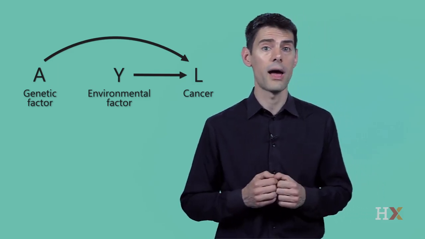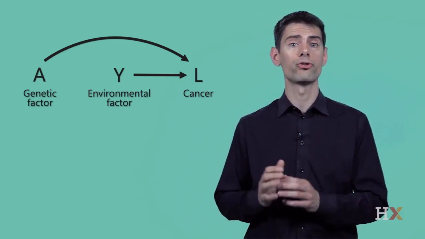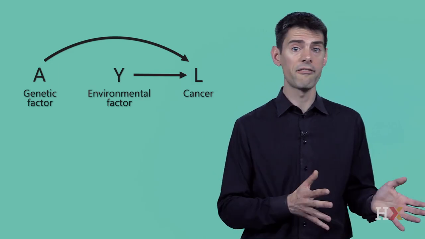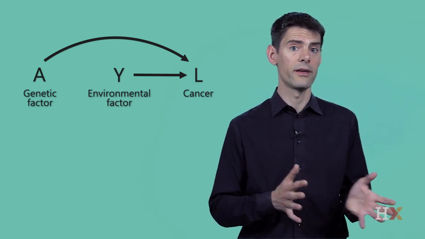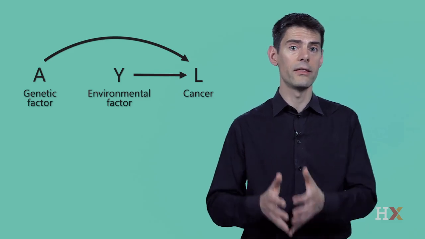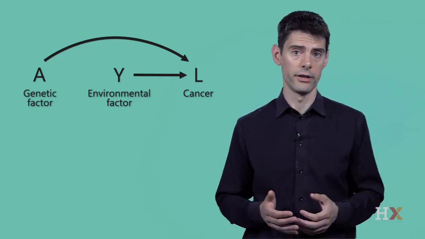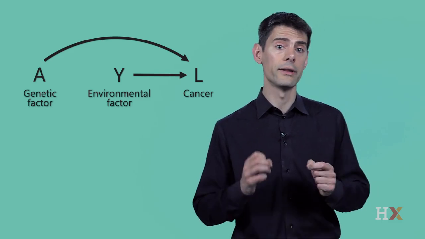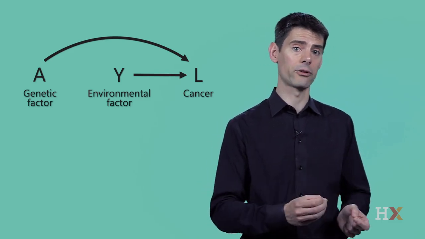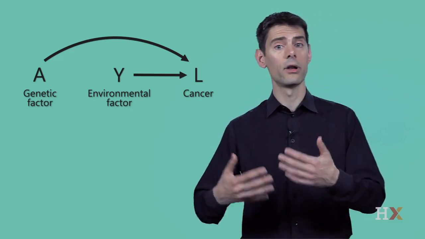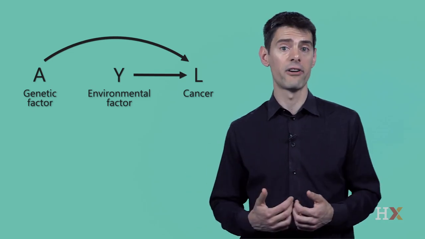Well, according to this graph, an individual's exposure to high levels of air pollution was not affected by her genes. The environmental factor is distributed in the population independently of genes. Therefore, learning that an individual has the genetic factor does not provide any additional information regarding her environmental exposure. Think of it in this way.